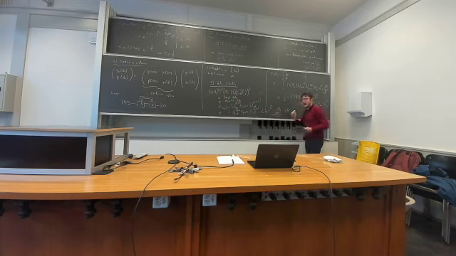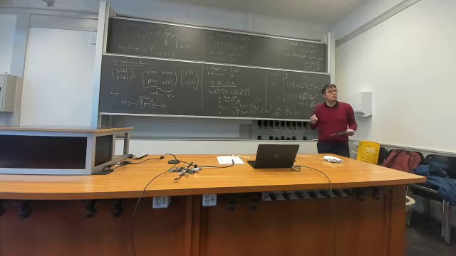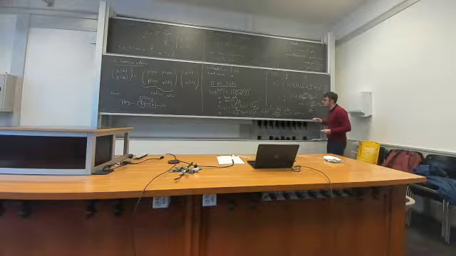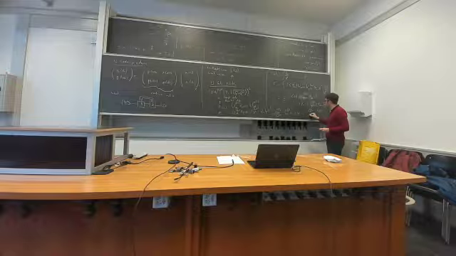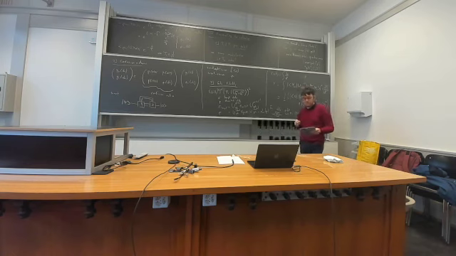To this idle gate you can associate a fidelity, and let's say that this fidelity is 0.95. The fidelity is always between 0 and 1 by construction. Then what it means is that you have a 95% chance that indeed nothing is happening, but you also have a 5% chance that there was a flip.